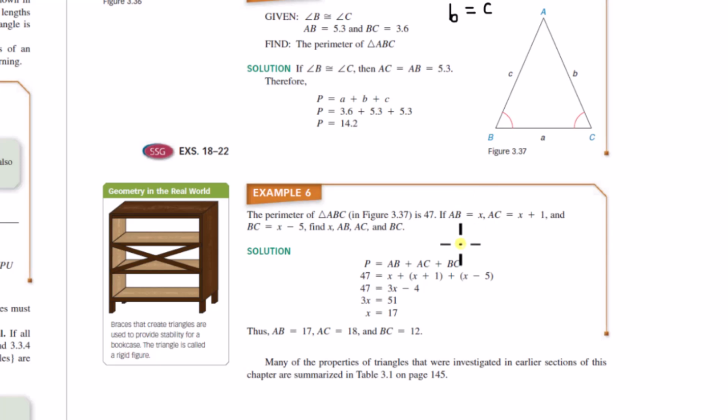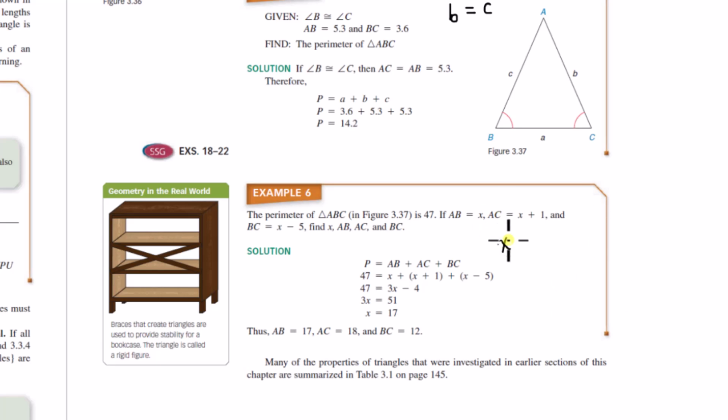This is kind of confusing because they want us to reference this figure, but these two angles in that case can't be congruent because we have a scalene triangle here. The side lengths are all different. They're suggesting that we weren't given that the two angles are congruent, so we don't have congruent angles.